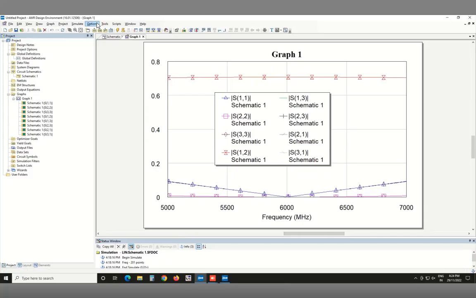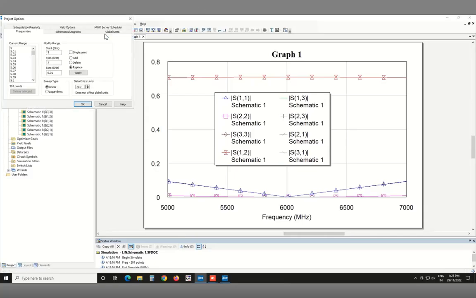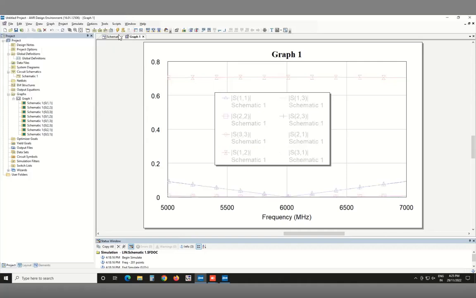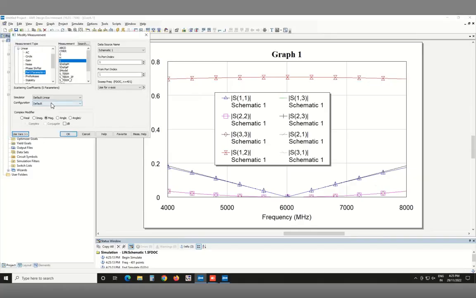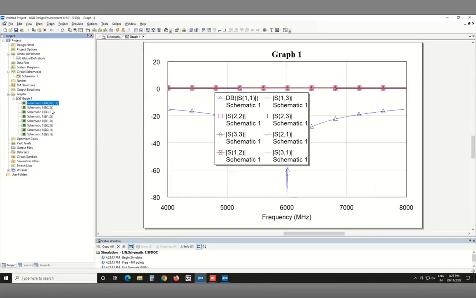Let's now expand the frequency range and go from, say, 4 to 8 gigahertz. And let's go back to the dB units. I will just leave the 3 important ones and disable everything else.